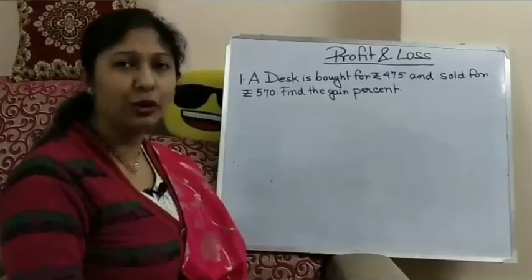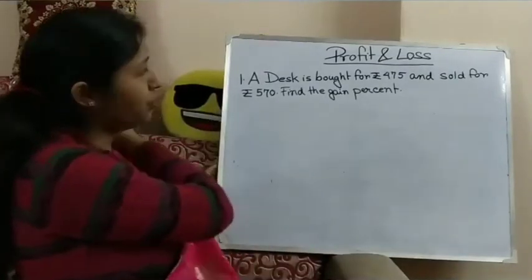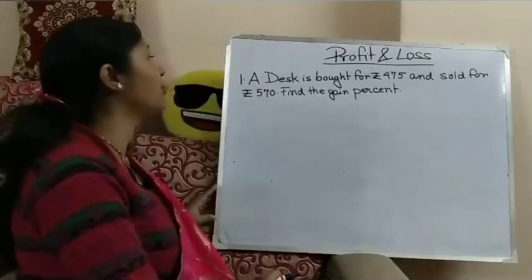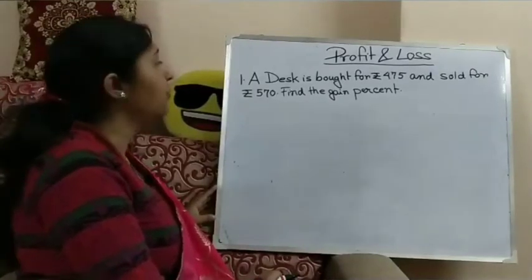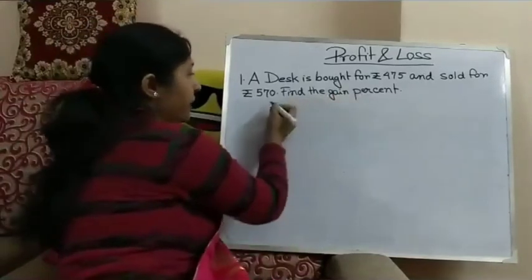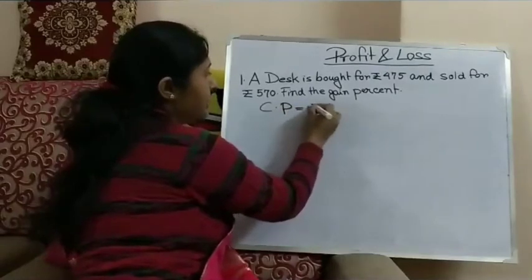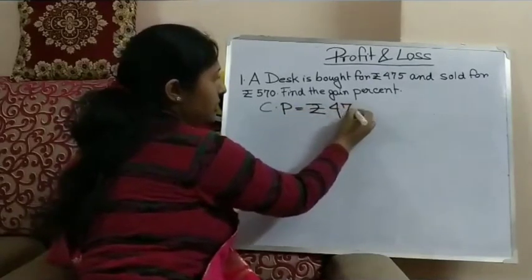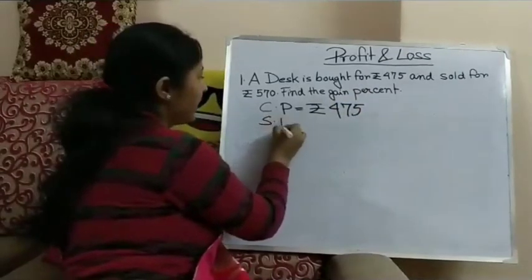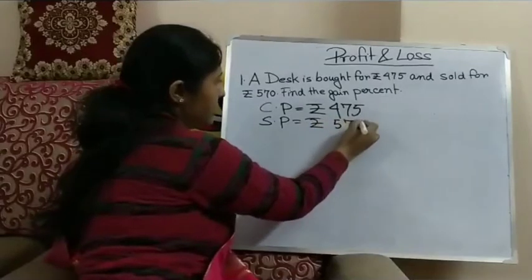The first problem sum is: a desk is bought for rupees 475 and sold for rupees 570. Find the gain percentage. Here we know that cost price CP is rupees 475 and our SP is rupees 570.